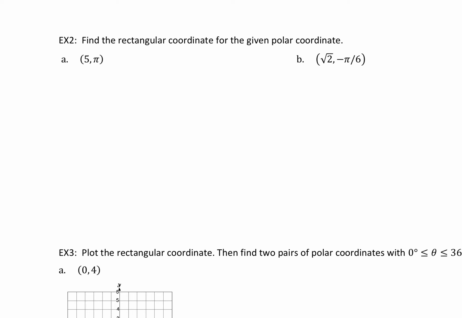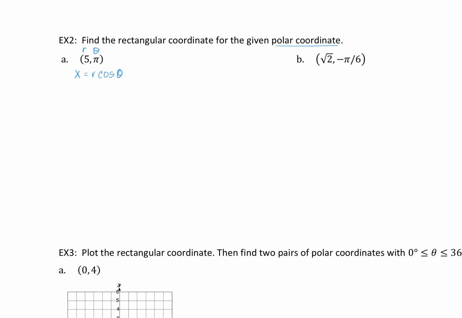In example 2, I'm going to find the rectangular coordinate for the given polar coordinate. Now, when you're going from polar to rectangular, when you're looking at points, it's very easy because remember that if this is polar, this first number is an r and this is a theta, and I already know that x is equal to r cosine theta.